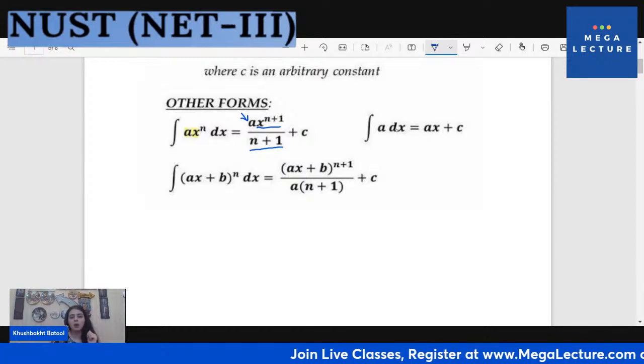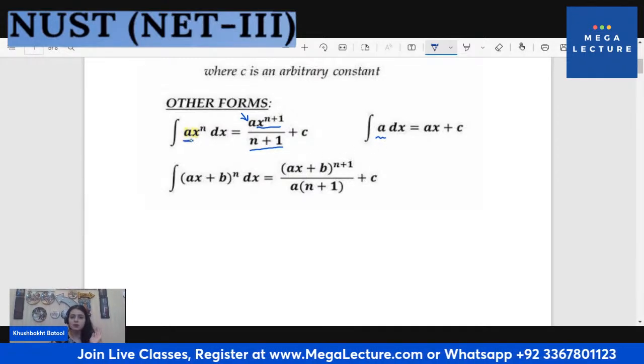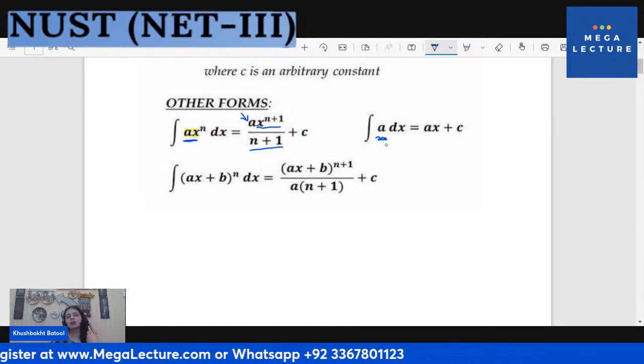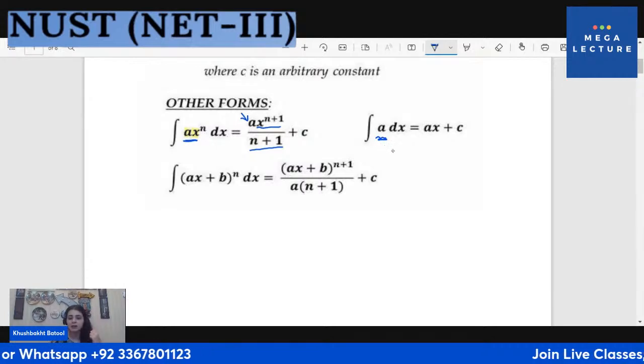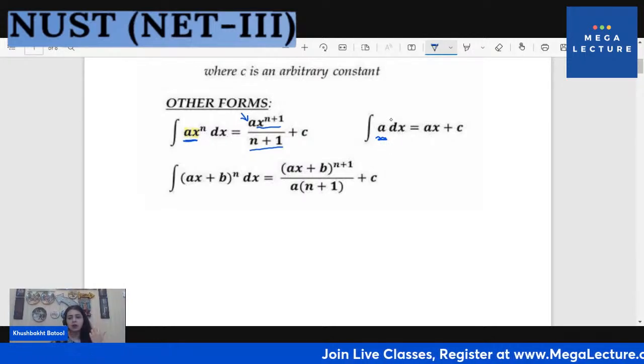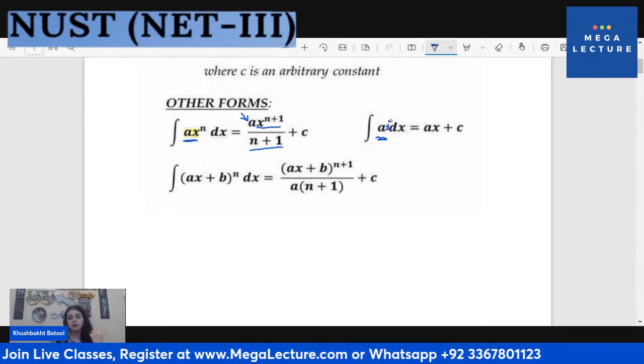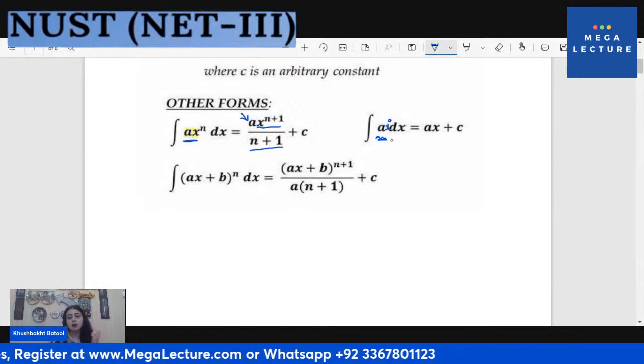Okay, now here you only have a constant, right? This constant was being multiplied with a variable. Here you only have a constant that might be added or subtracted with some variable. How do you integrate in that case? Again, the concept is same. Imagine you have it written this way, that you have x to the power 0. So now x is with power 0. What do we do?